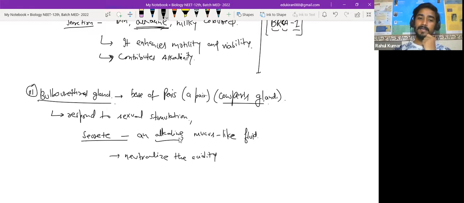So this alkaline secretion along with the alkaline secretion from the prostate together will act in the female tract as well. So it will neutralize the acidity in the urethra and also in the female tract, and second point, provides lubrication.